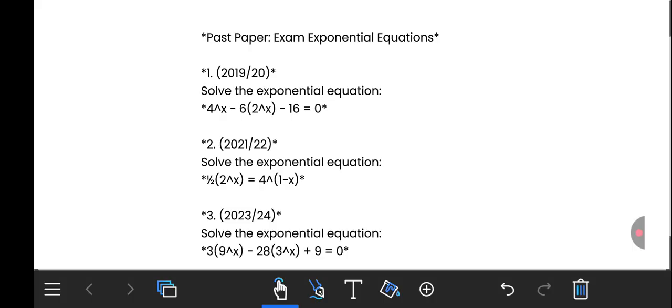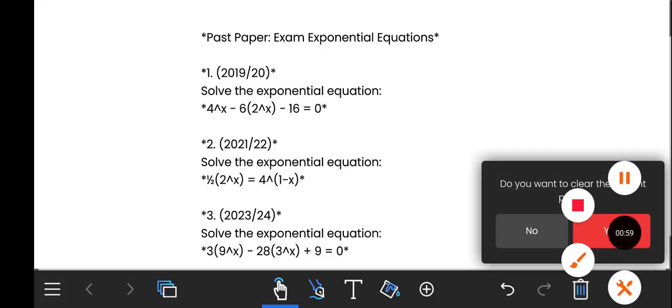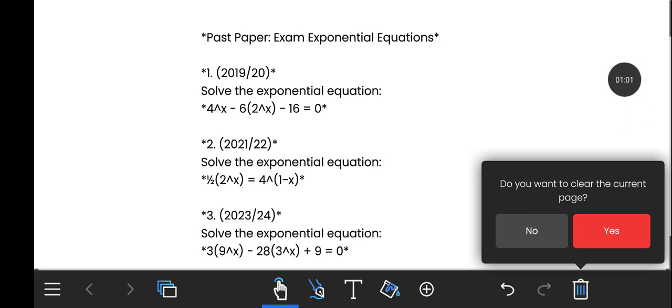let's familiarize ourselves with some exponential laws. Okay?